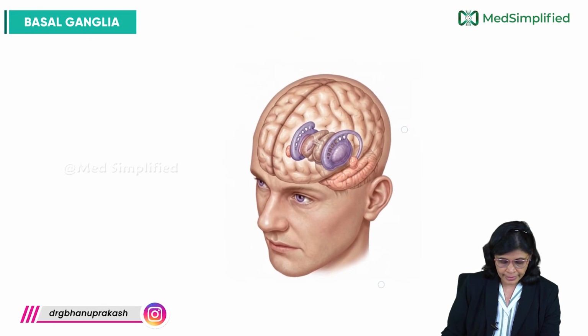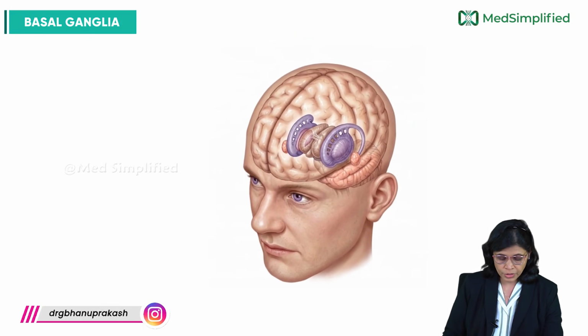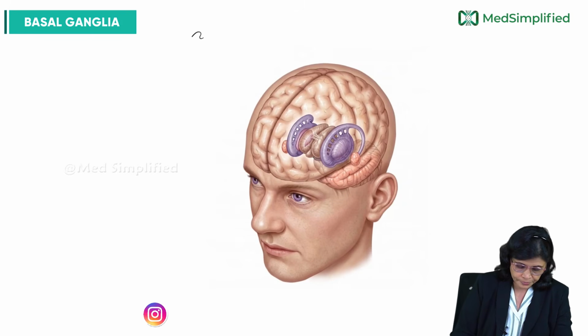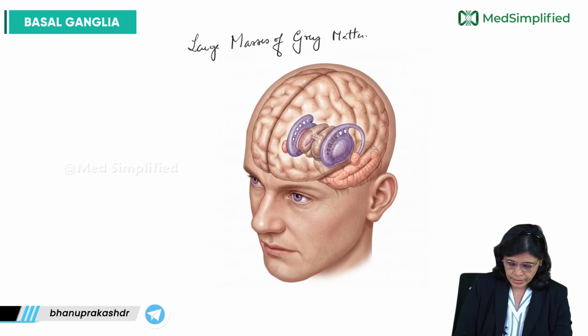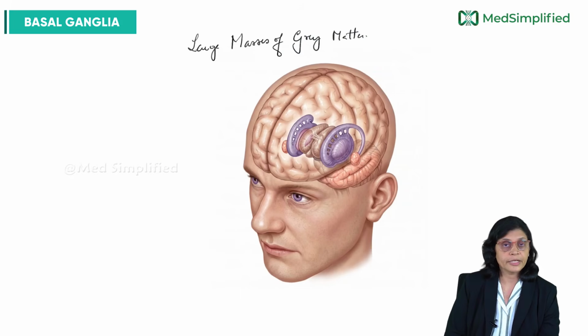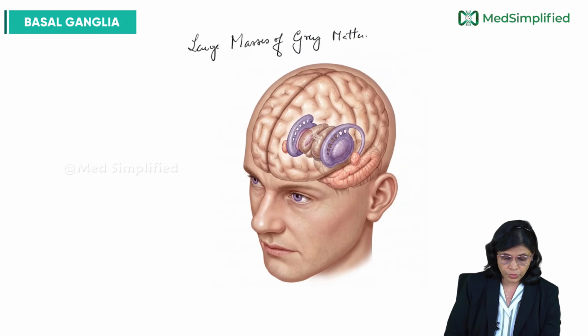So the basal ganglia are large masses of grey matter, present within the cerebral hemispheres, in the core of each hemisphere.